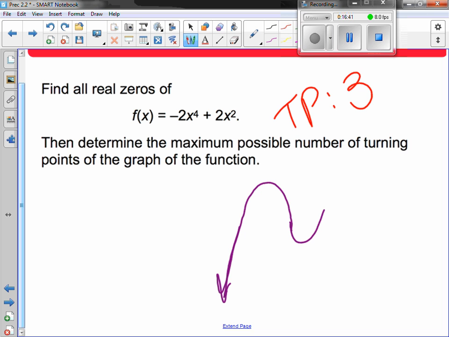So I turn again. Well, I'm going this direction. I'm going the wrong way, yes? So what do I have to do? I turn back down. So this is it here. So do you notice for even, 1, 2, 3, it's always going to be an odd number for even because anytime I add a turn, I've got to add a second one to it because it's got to come back down.